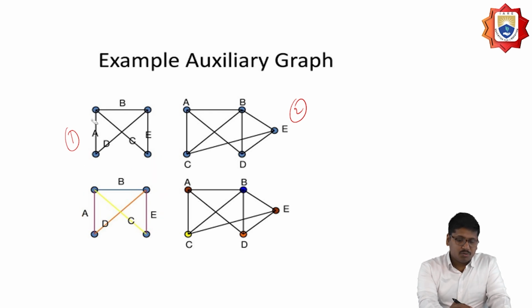So both are the same. We are going to color the edges of the graph such that multiple edges have different colors. Similarly, I'm going to consider another graph. So the vertices are placed so that no two vertices coincide with each other. Okay, so that should be about the auxiliary graph.